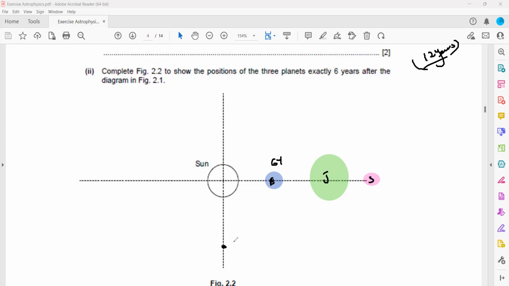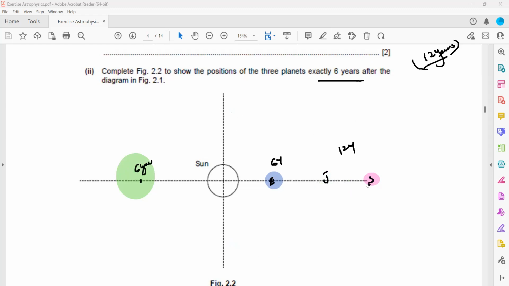Because it is 12, this will be 3 years for Jupiter, this will be 6 years, this will be 9 years, and then again in 12 years it will return back. But in the question, we just need exactly after 6 years. So Jupiter will be on the opposite side after 6 years. That will be the position of Jupiter.